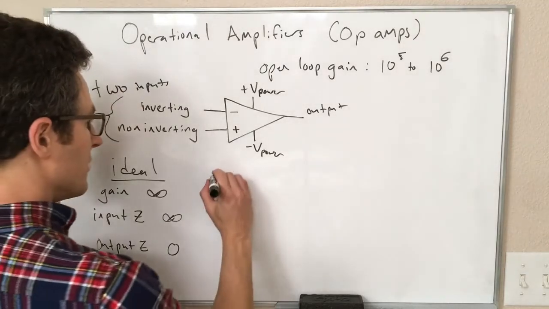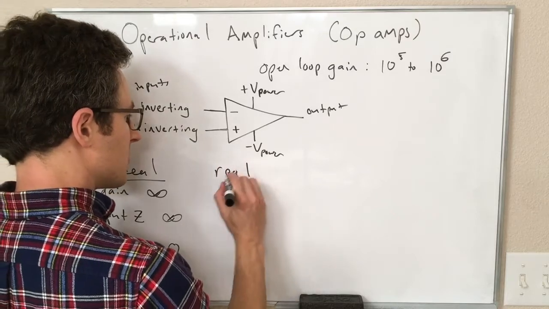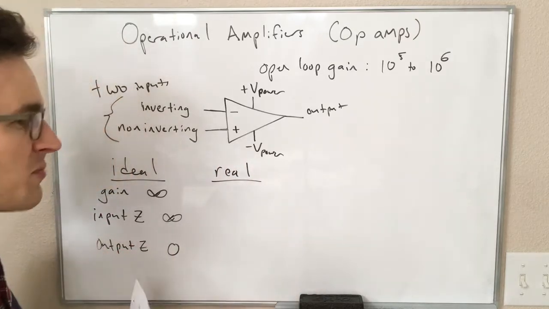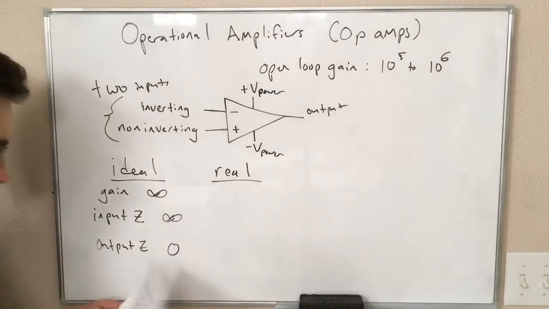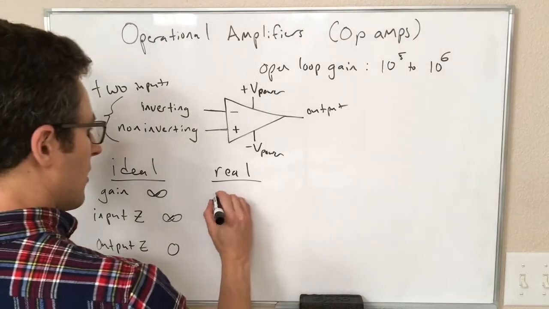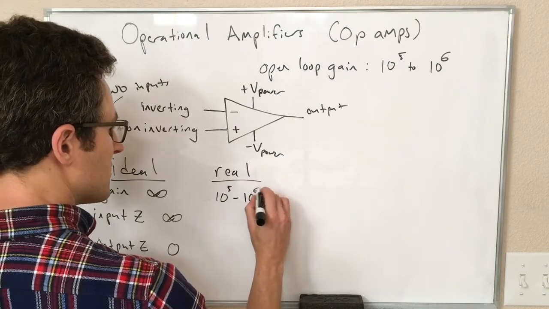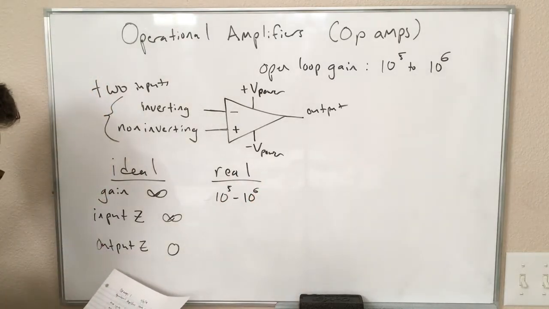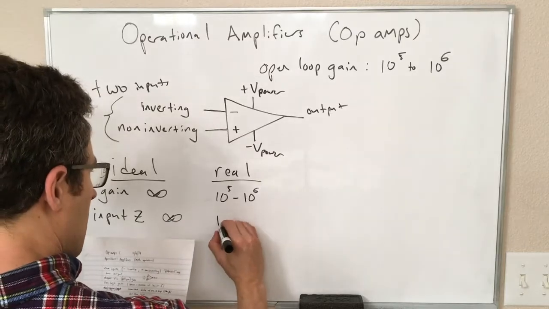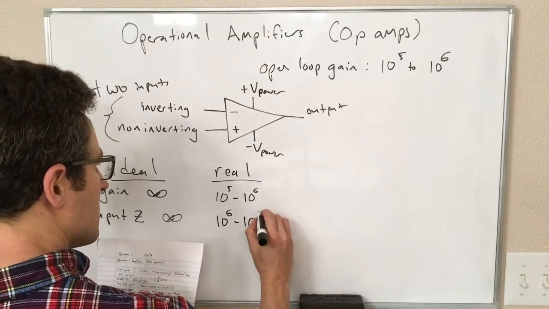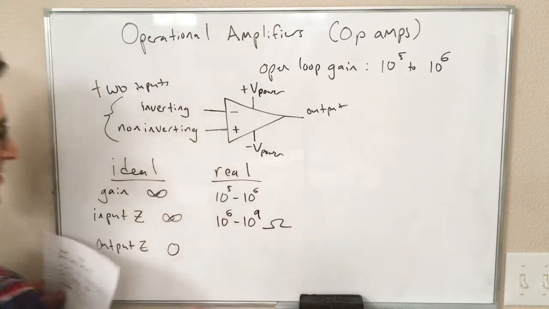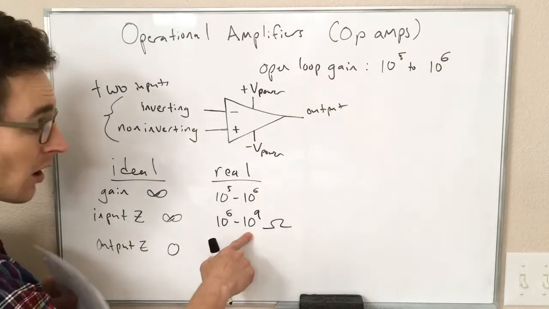Now real op amp values. These are typical values, and you can buy specialty op amps that are better at one or another. Typical values might be the gain, like I said, 10 to the fifth to 10 to the sixth. The input impedance is 10 to the sixth to 10 to the ninth ohms, so a mega ohm to a giga ohm.